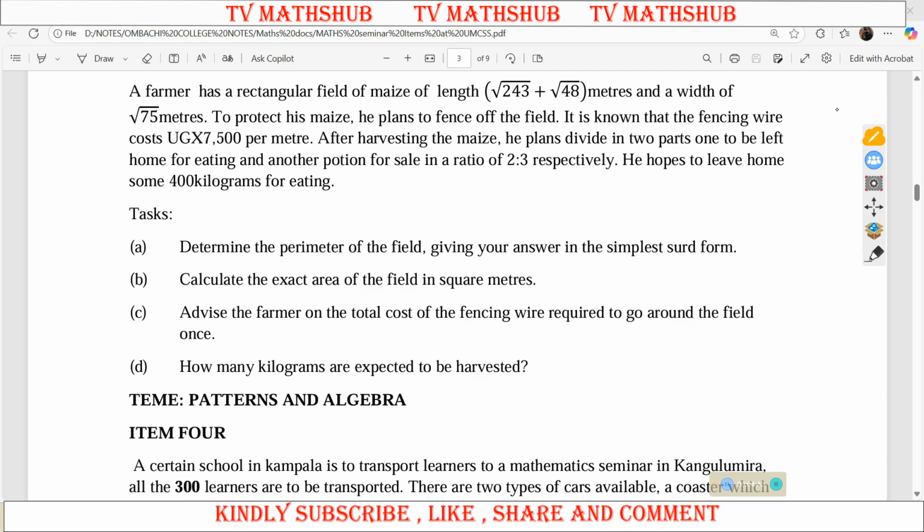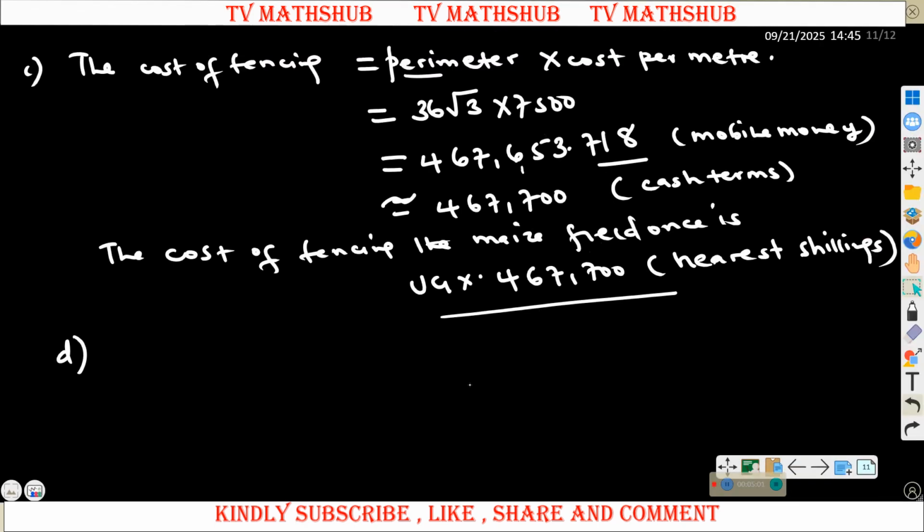For part D, they are asking how many kilograms are expected to be harvested. We are told that after harvesting the maize, he plans to divide it into two parts: one that will be left for eating and another portion which will be sold.